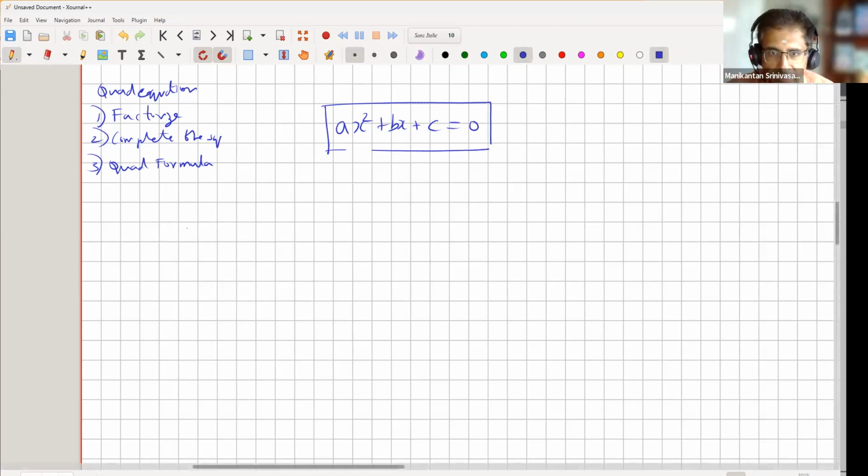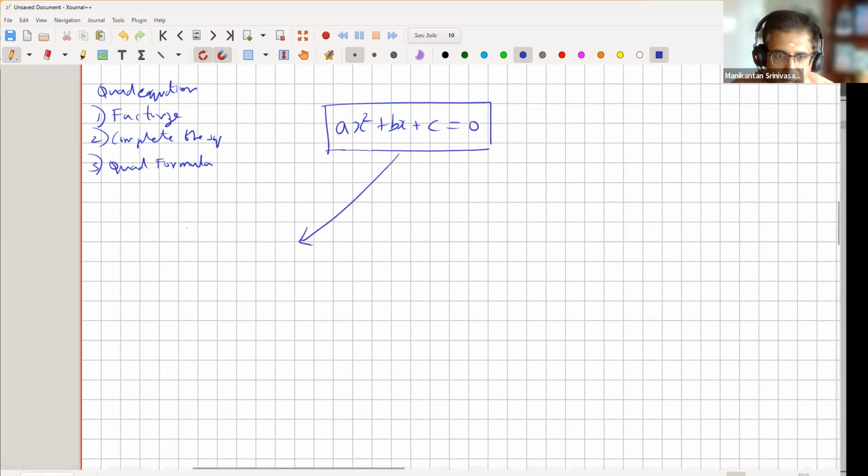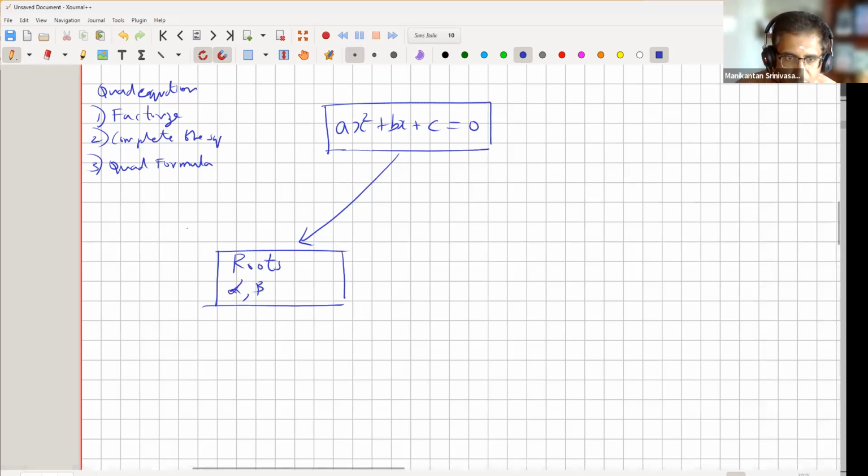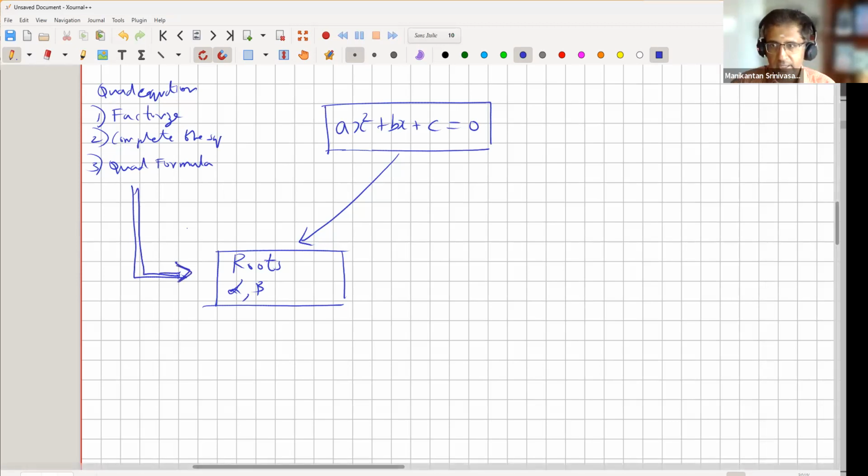Given this is a quadratic equation, I'll be able to solve for the roots alpha and beta by one of these three methods that we just saw. By using one of these three methods, I can solve for the roots. Alpha is so-and-so and beta is so-and-so.